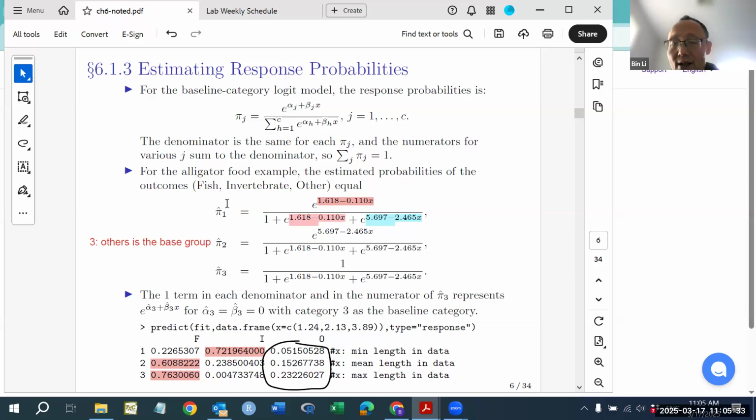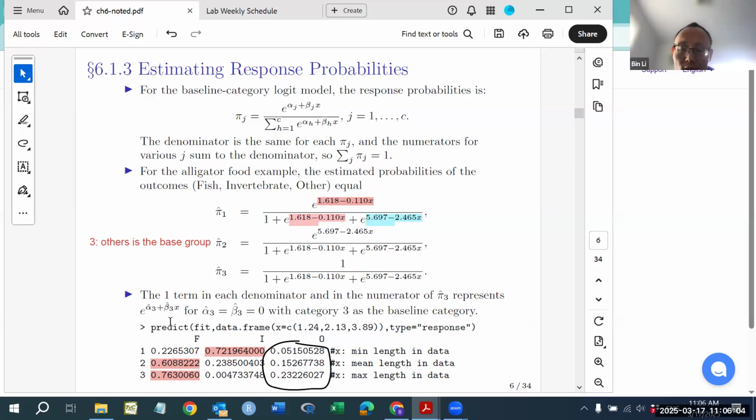So that's for pi 1 hat, and this is for pi 2 hat. For pi 3 hat, the baseline group, we have the same denominator, but the numerator is 1. For type 2, the invertebrate, this one is the numerator. Okay, so that's how we estimate the response probabilities.